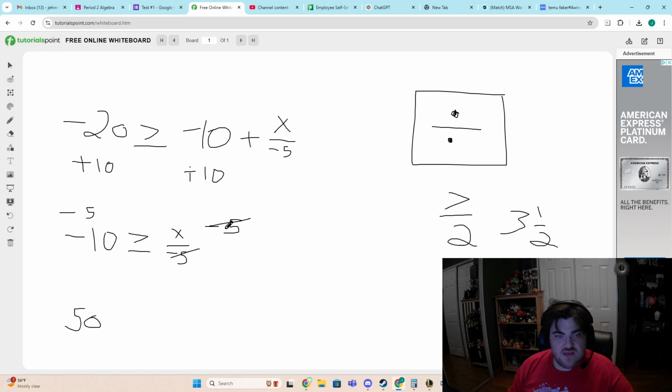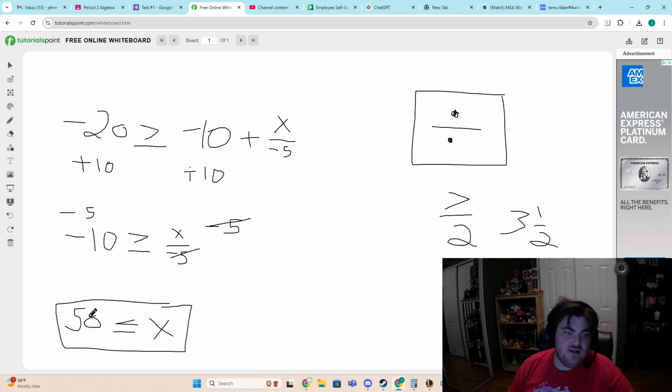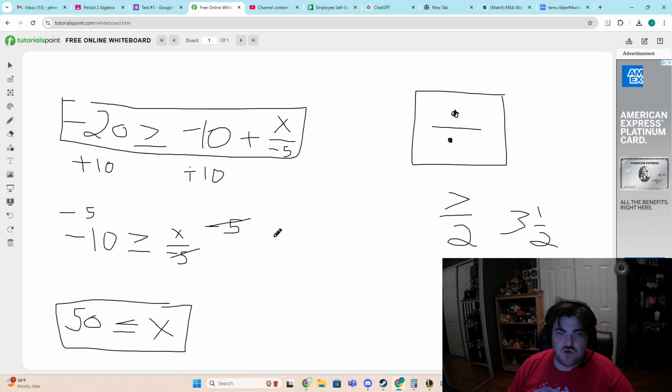The special rule was if we multiply or divide by a negative number, we've got to flip the sign. And then we just have x. So now this is saying anything that is equal to 50 or smaller will make this equation true. It doesn't matter what number you pick. If it's 50 or less, it works.